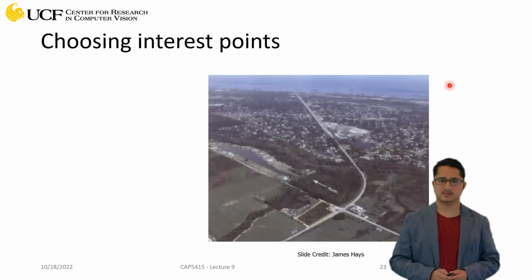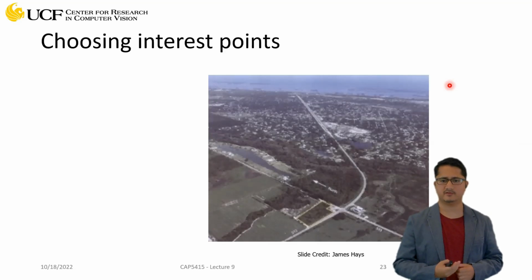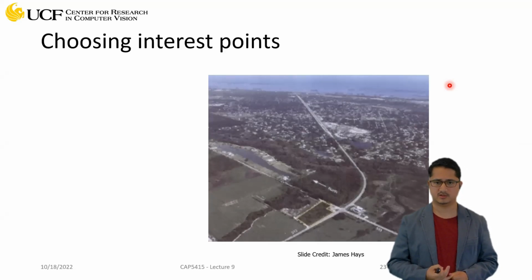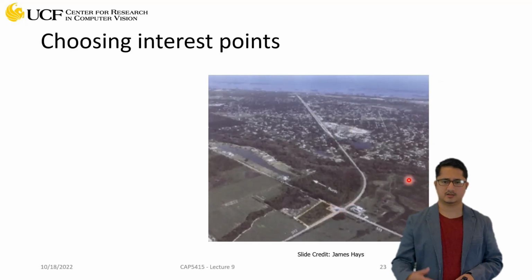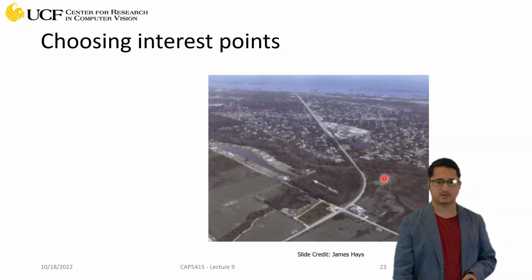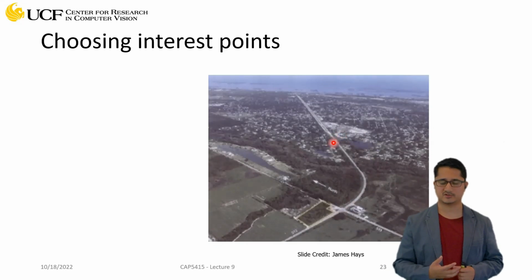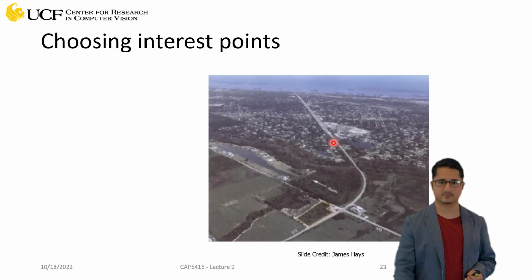Now, if I show you this image and I ask you, what are different interesting points in this image? You will say that, okay, I can see maybe a road is there, there is a bridge. And I can even ask you a very interesting question. If you are at this location and you want to meet your friend, forget about all these mobile phones, location sharing and everything. Consider the old days when you didn't have mobile phones.